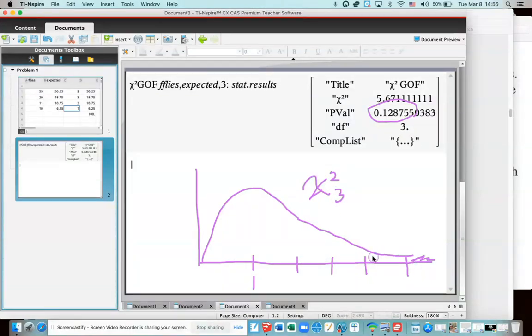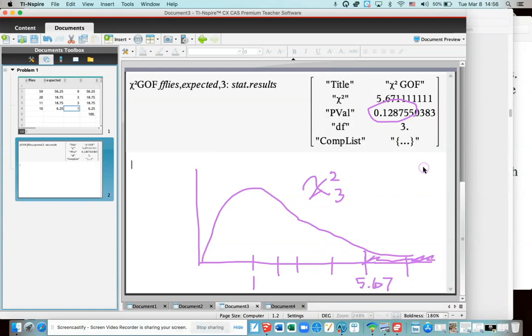And then normally I would draw that 5.67 cutoff and then shade that in. But just make sure you label it, like 1, 2, 3, 4, 5, 5.67. I'm making it really messy, but that's the idea. Just like on a normal curve or a T curve, that's how you draw it out, right?